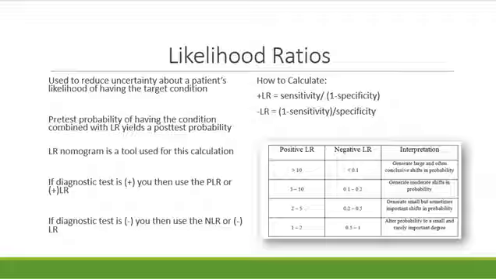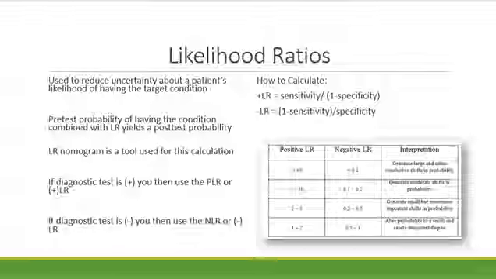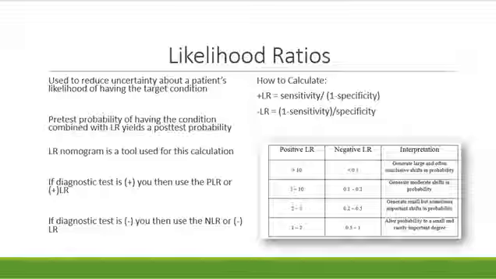So somebody comes into us, they have a pretest probability of having something. And that pretest probability is based upon data from the literature, right? A person presents with certain signs and symptoms. Well, they have a 50% pretest probability of having condition X. Or maybe the types of patients you frequently see, the pretest probability is 50%.